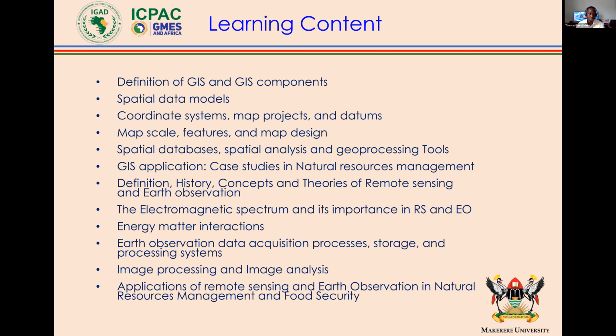We shall also do a quick theoretical review of Earth observation data acquisition processes, and how to store and process the data. In this processing, we'll be looking at image processing as well as how to analyze these images. The last part will be how remote sensing is applied in natural resource management and food security. So you'll be interacting with a number of these materials in this area.